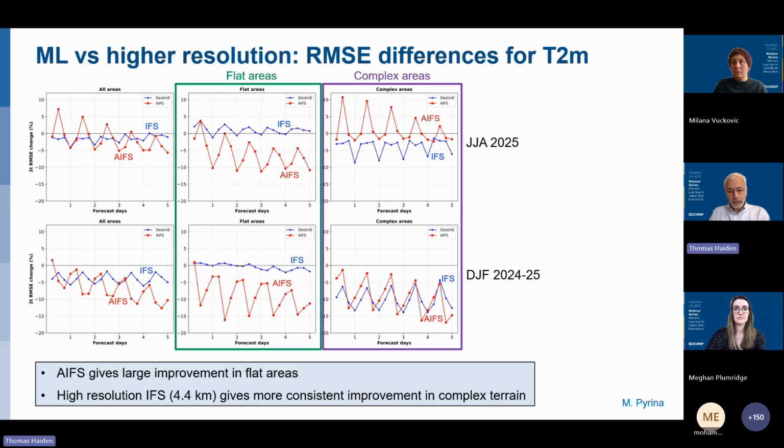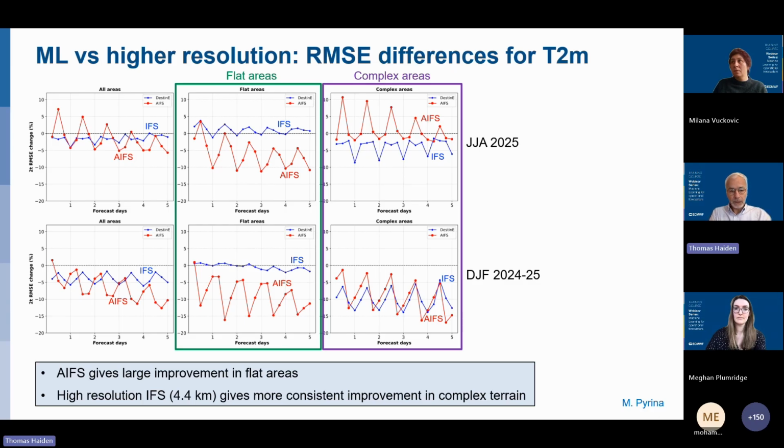Another interesting question is, one way of improving the forecast is, of course, running physics-based models at higher resolution. How do these improvements compare to the kind of improvement we get from the AIFS?